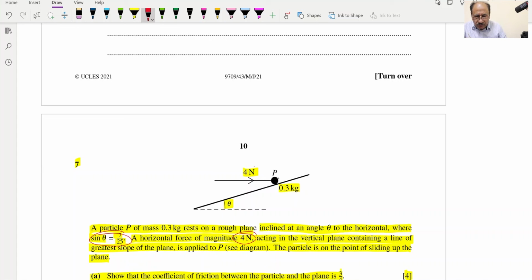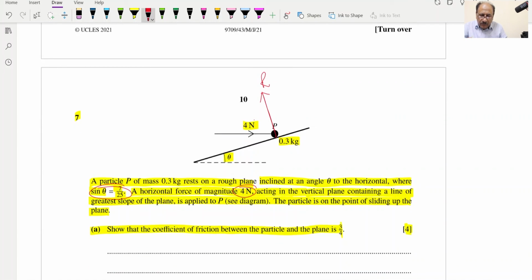and what will be the direction of the forces will be. This will be the perpendicular reactionary force, so R, and the weight will be acting downward, and if I draw W like this one, so this will be mg, and we can resolve the forces, and this will be x and y component of the force, and this will be angle theta, and we can resolve this force also, because this 4 Newton force is also making some angle, and that is also the same angle, so we can resolve this force as well.